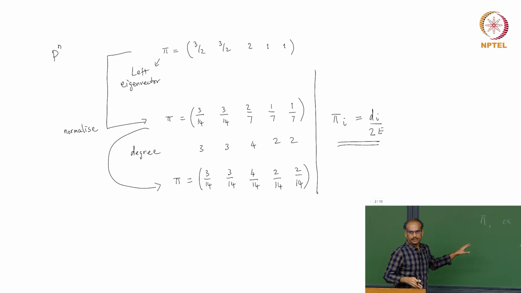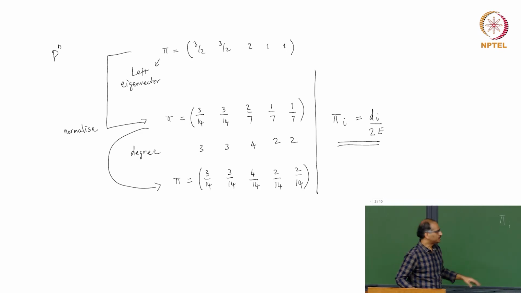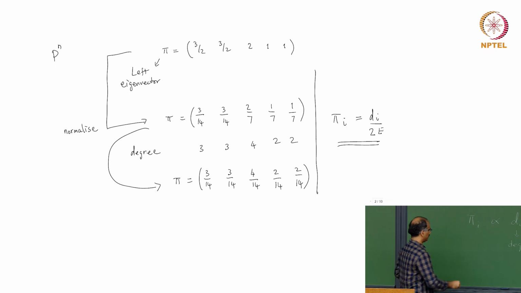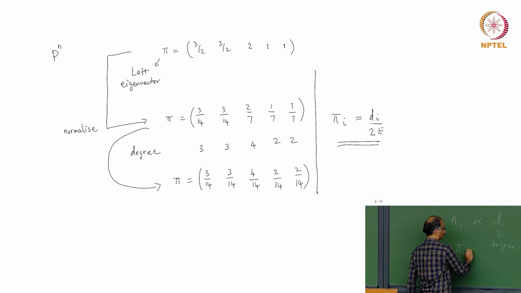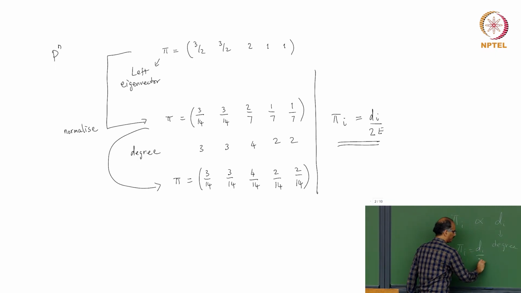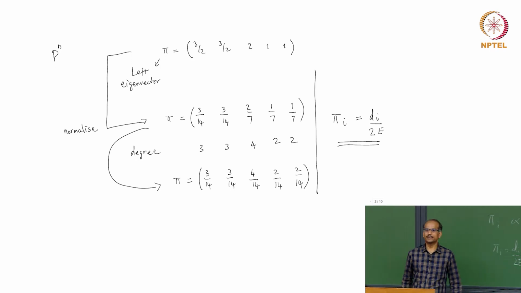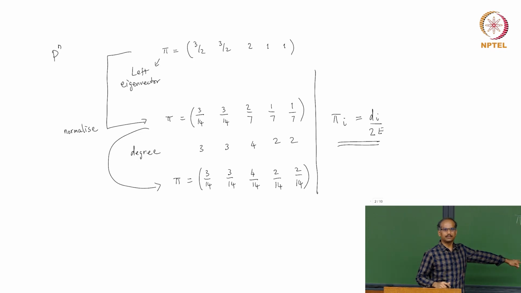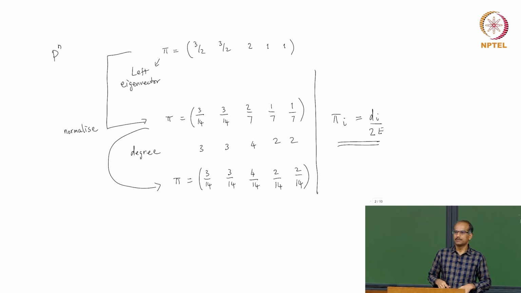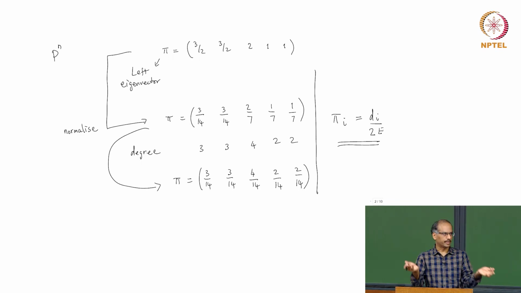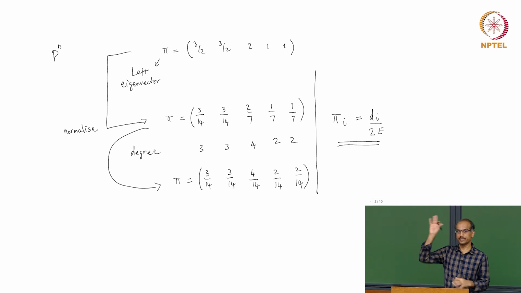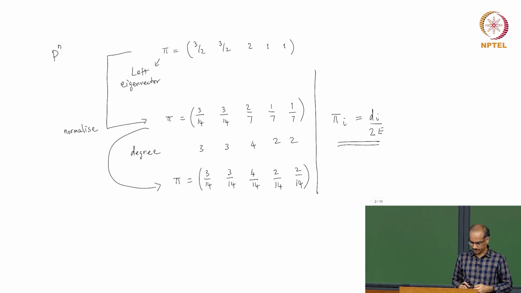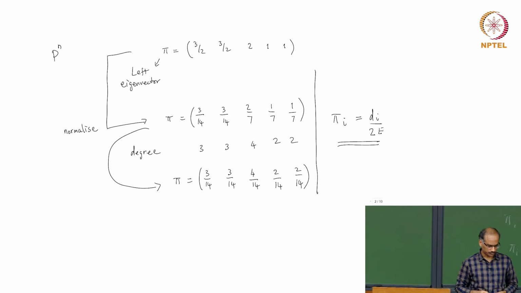That doesn't go in here. Which means that this quantity di by 2e is actually independent of the particular structure of the graph. So you can use this even for random walks on a line, on a ring, with absorbing boundary conditions, or even for more complicated undirected graphs.